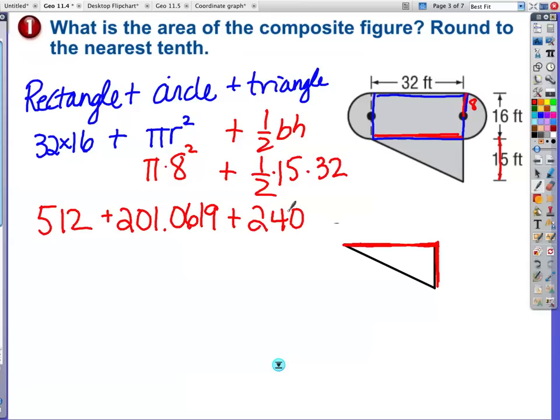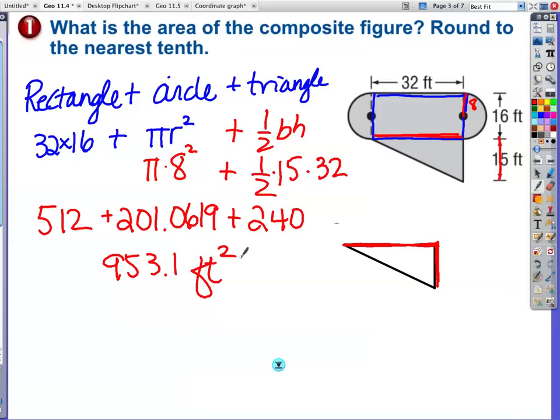All right, and I can add all those things together, and I'm going to get 953.1, and they should be feet squared. I'm still working with areas, so it'll be feet squared.